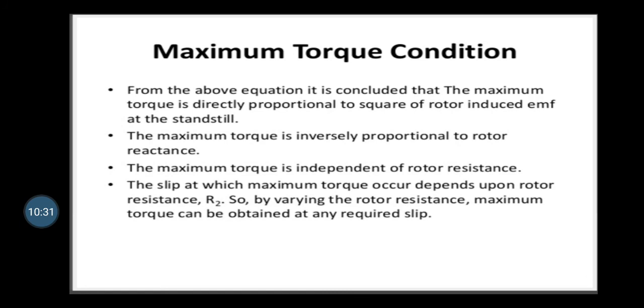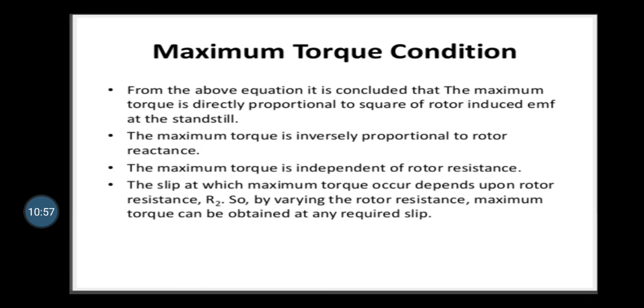Now the maximum torque condition: from the above equation it is concluded that the maximum torque is directly proportional to the square of the rotor induced EMF at standstill. The maximum torque is inversely proportional to the rotor reactance, and the maximum torque is independent of the rotor resistance.